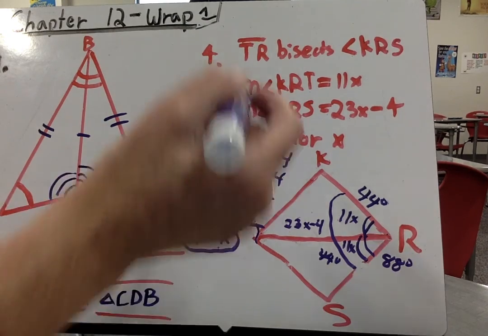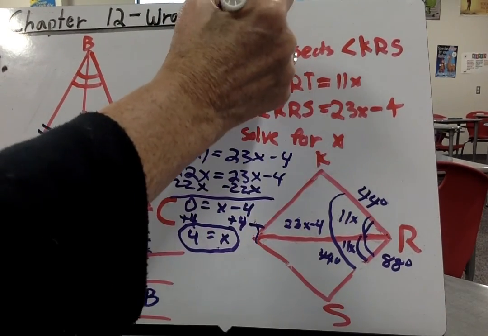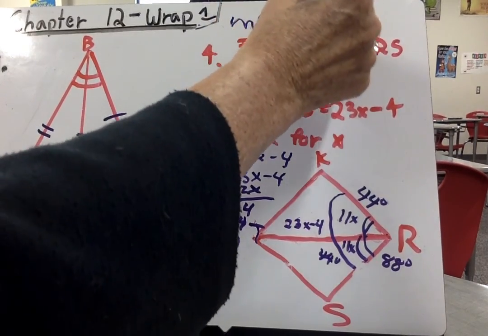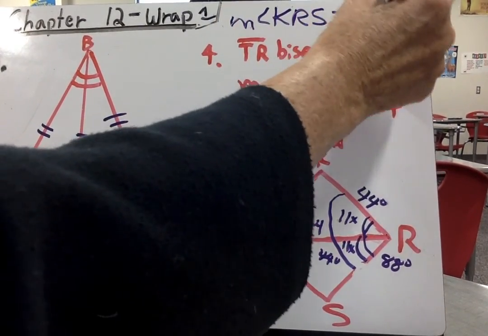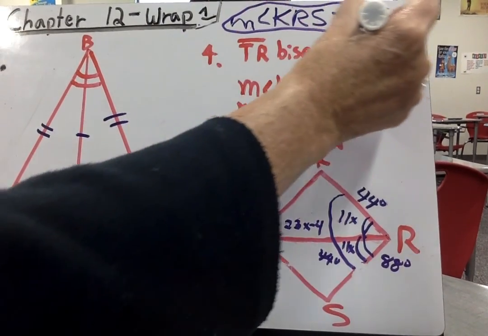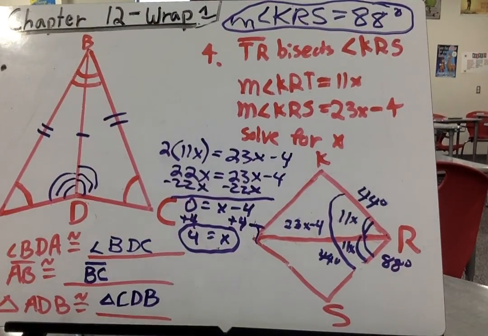We can say the measure, that's a little m, of angle KRS equals 88 degrees. There you go. And you can go ahead and work on number 5 on your own. I'm going to jump to the next page and do number 7.